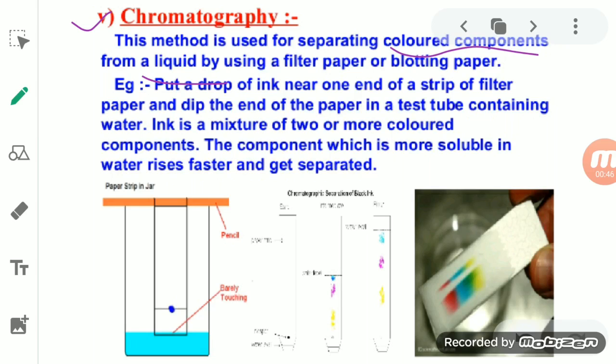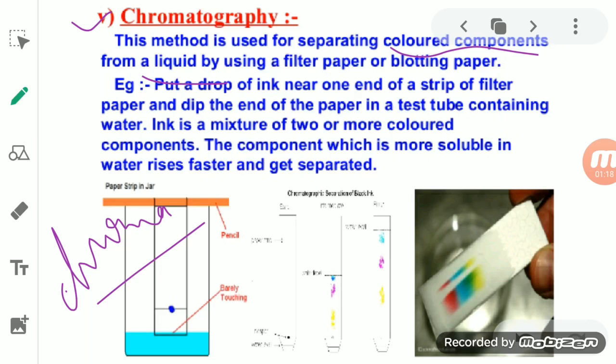So if a component has a different color, or if a solution consists of more than one type of solid component, we can separate them by the process of chromatography. Now students, the term chromatography is obtained from the word chroma. Chroma means color.